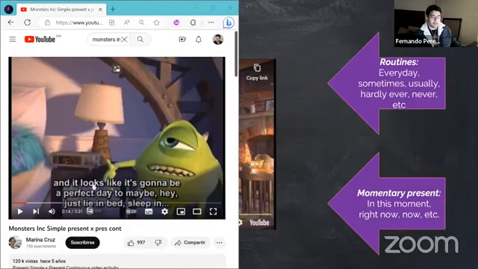The first vocabulary that I want to check with you is the verb looks. It looks like it's gonna be a perfect day. The verb look is a verb that we use to talk about predictions.